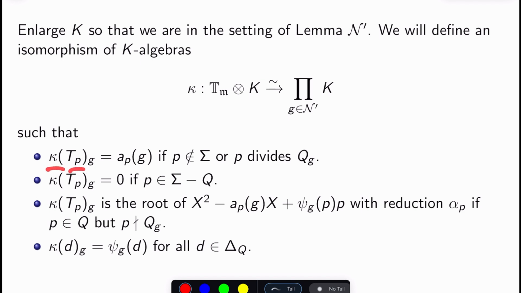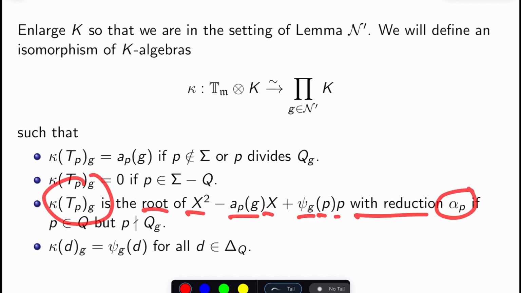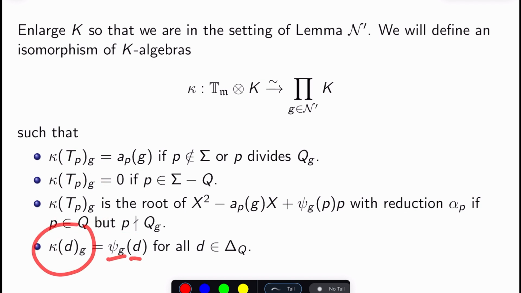Kappa of T sub p, in the g-th factor, is a sub p of g, if p isn't in sigma, or if p divides q sub g. Kappa of T sub p is going to be 0 if p is in sigma but not in Q. Kappa of T sub p is going to be the root of x squared minus a sub p of g x plus psi sub g p times p with reduction alpha p if p is in Q but p doesn't divide q sub g. And finally, kappa of d is going to be psi sub g of d for all d in delta sub Q.